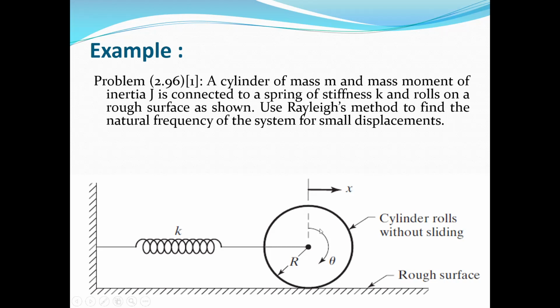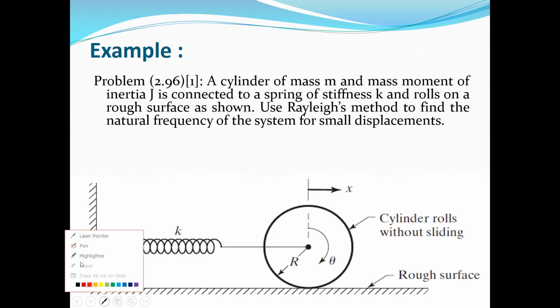But here we have a cylinder which, at the same time as it's rotating about its center, has a translational motion by x. Because the motion of the cylinder is without slipping and the surface is a rough surface, we can assume that the displacement of the center is equal to r times theta, and consequently the velocity of this point is equal to r times theta dot.